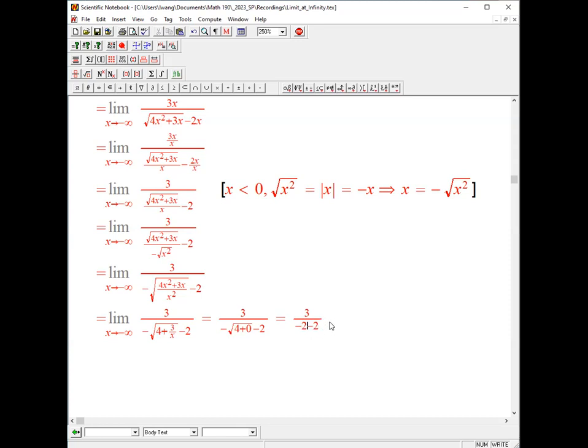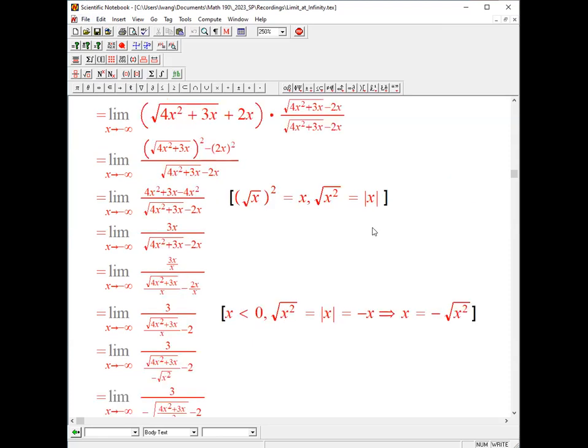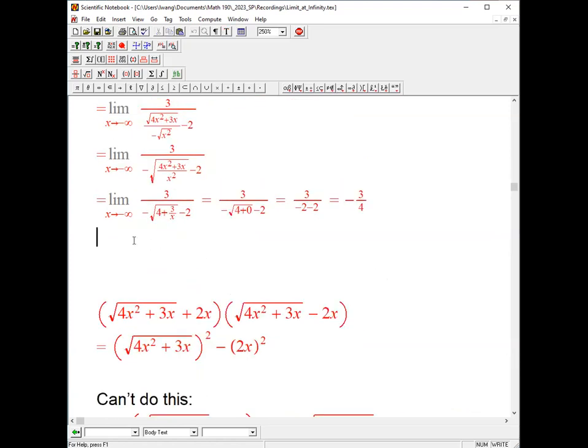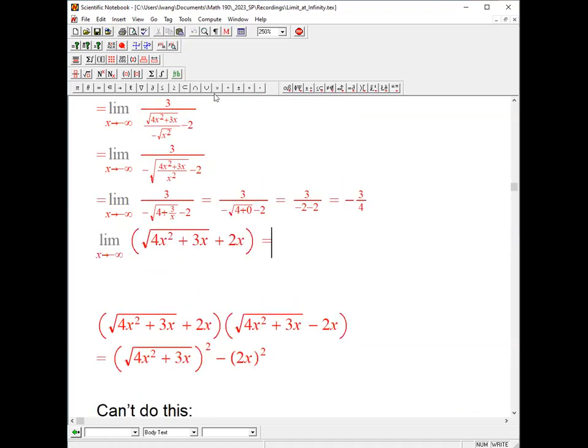So negative 2 minus 2, that's going to be negative 3/4. So now if we look back, we have a situation like this. We ended up with a limit of negative 3/4.